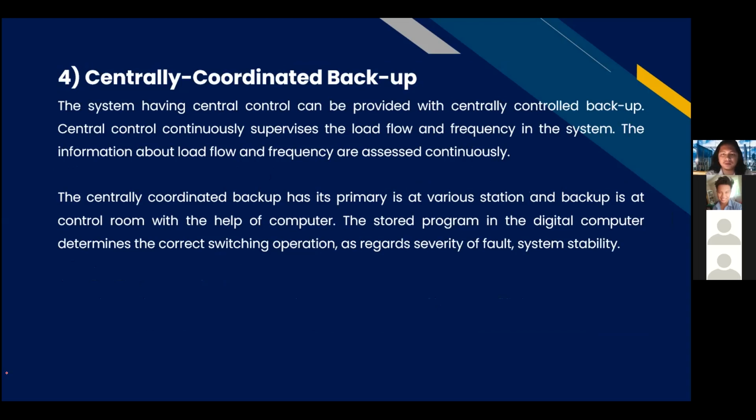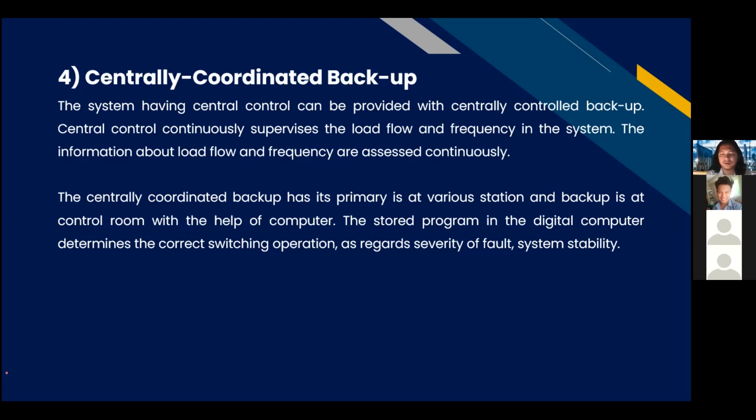The central coordinating station receives information about abnormal conditions through high-frequency carrier signals. The stored program in the digital computer determines the correct switching operation as regards severity of faults, system stability, etc.